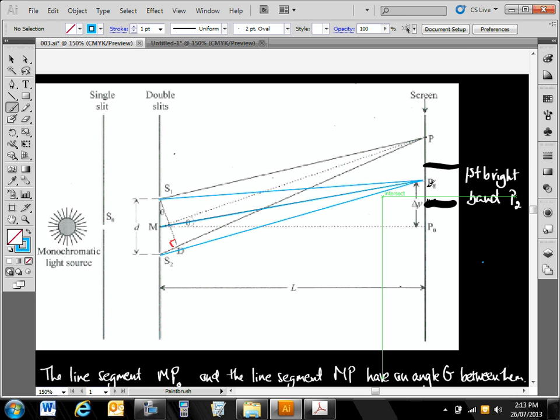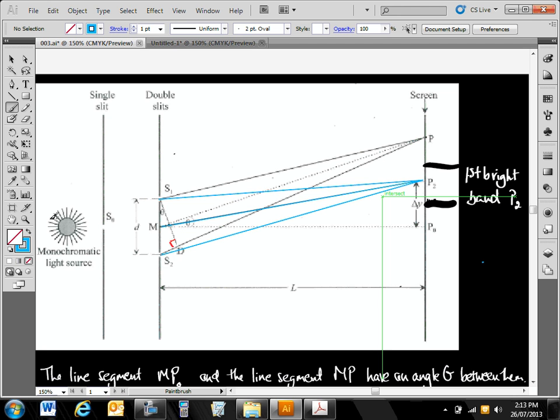Is one what? It's one wavelength, isn't it? Yes, you're right. So the path difference, which of course is this line segment here, S2D, and remember this diagram is not to scale. S2D is very small. It's of the order of one wavelength.